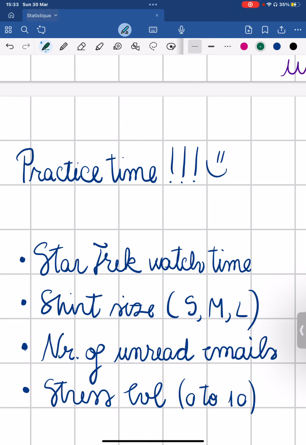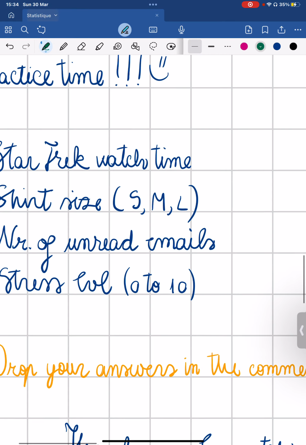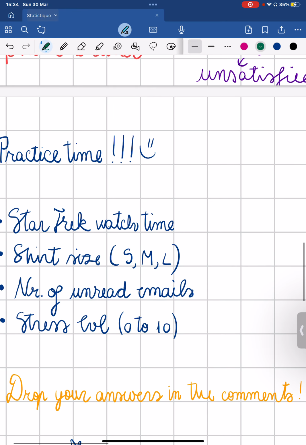And shirt size ranging from S to L, number of unread emails, and stress level ranging from 0 to 10. You can drop your answers in the comments after taking a minute to think about it, and I'll also leave the answers pinned in the comment section for you guys to check later on.